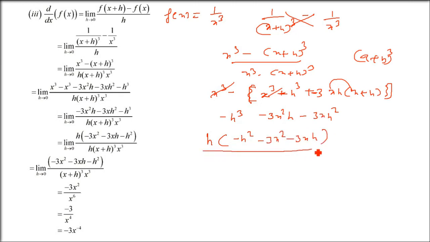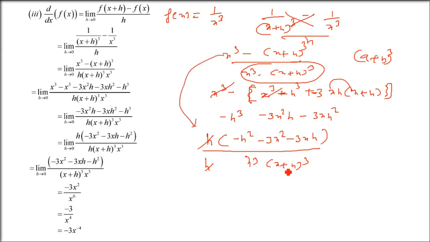So h we have taken common, as I said, we will use h later. There is already an h in the denominator, so this h gets cancelled. Now we have in the denominator x cube and (x plus h) whole cube. Now just put h as 0, the limit h tends to 0.